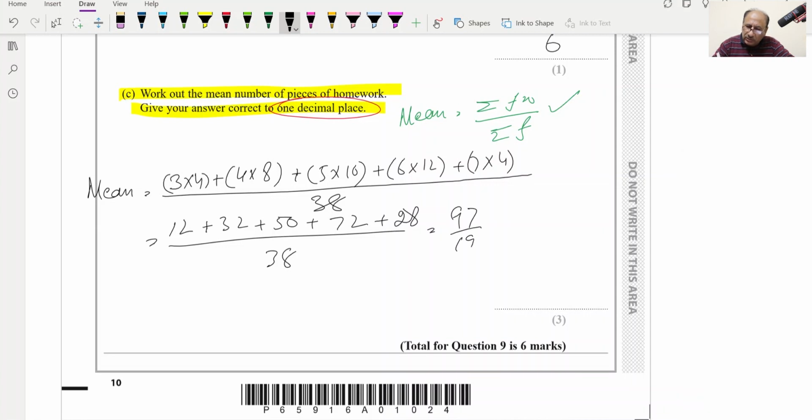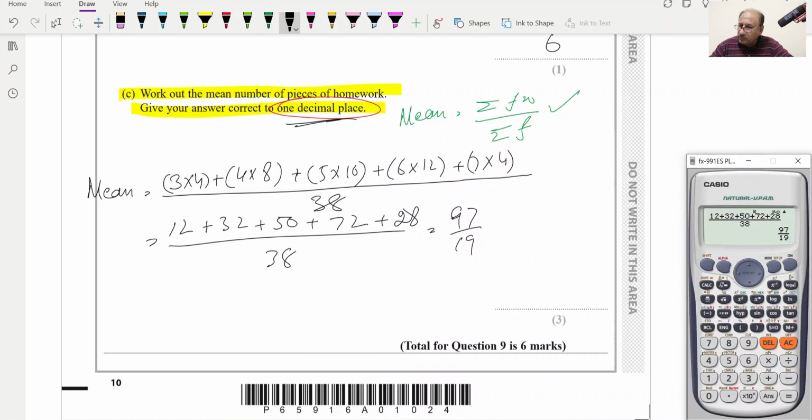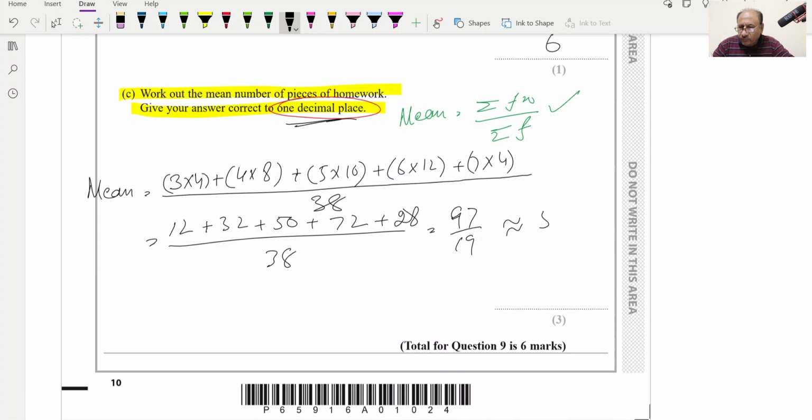Keep in mind we have to provide the answer in one decimal place, and the decimal value is 5.105, so we can take it as 5.1. So the answer will be 5.1.